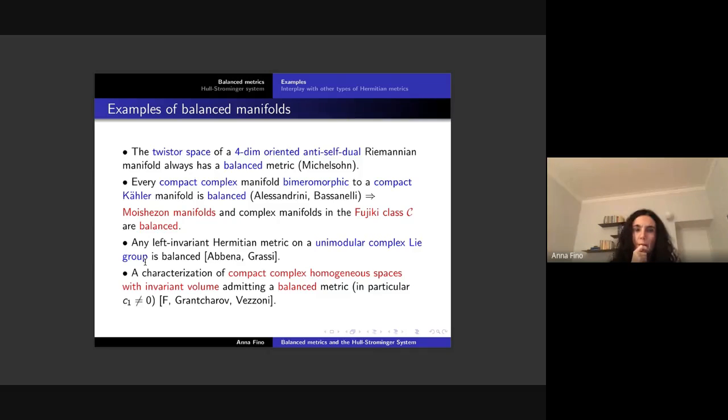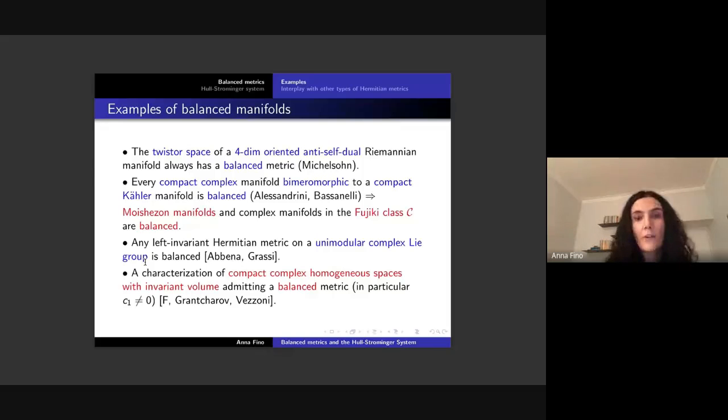We could characterize these manifolds, which are not complex parallelizable. Here we are considering a torus fibration over a product of a complex parallelizable manifold and a rational homogeneous manifold. We exclude the complex parallelizable case, and we show that in particular the first Chern class has to be different from 0.